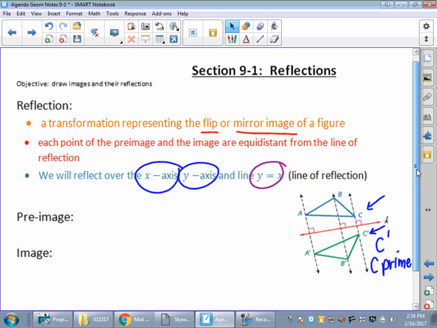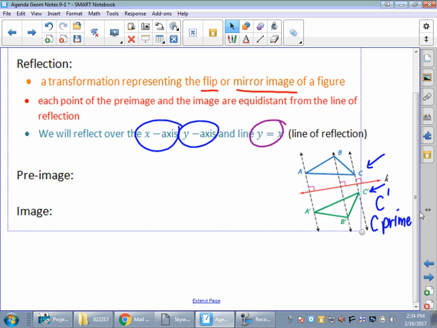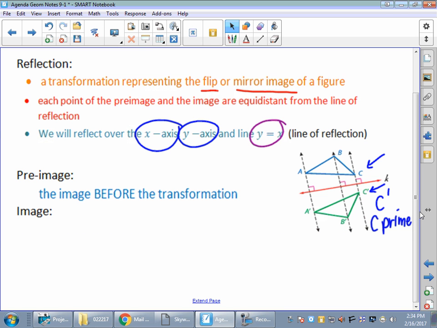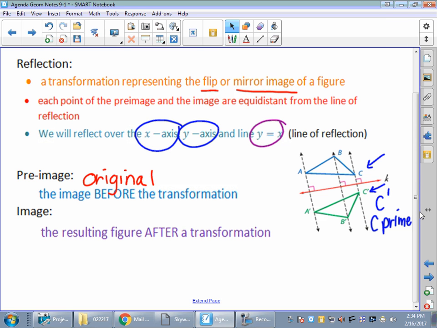We do need to talk terminology. We've got a pre-image and an image. The pre-image is the image before the transformation. It's the original. The image is our resulting figure after that transformation. So after we reflect it, we've got an image.